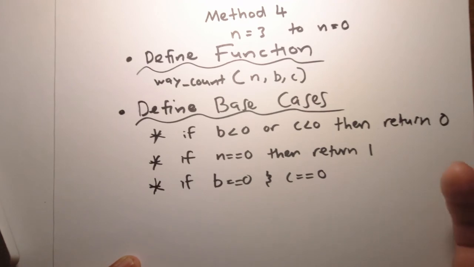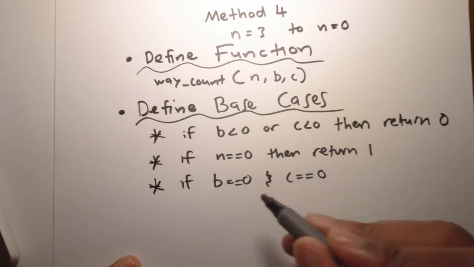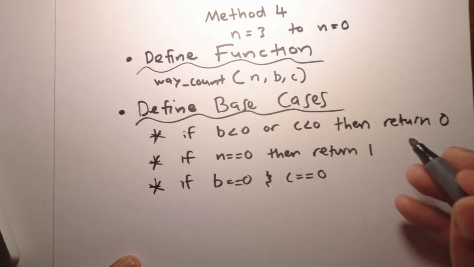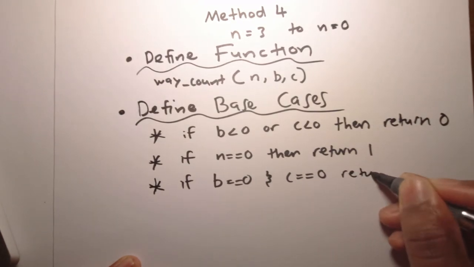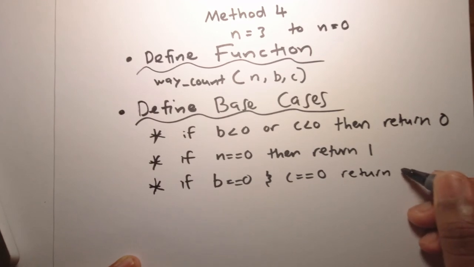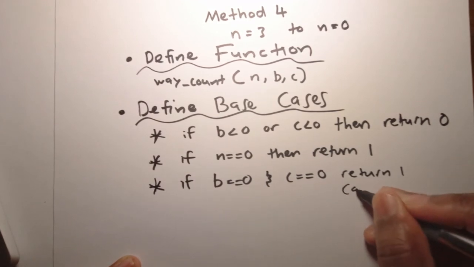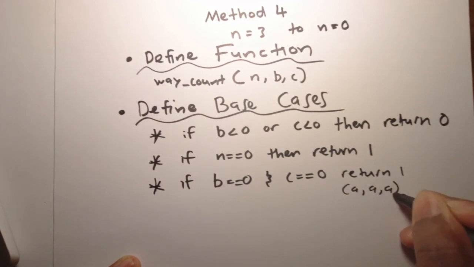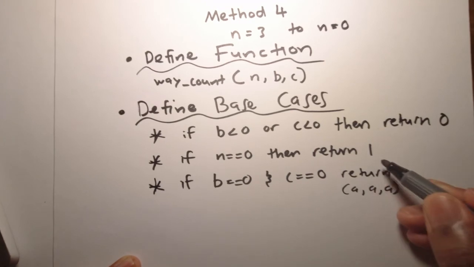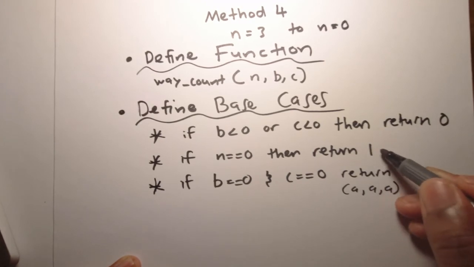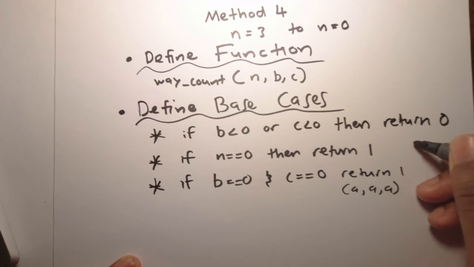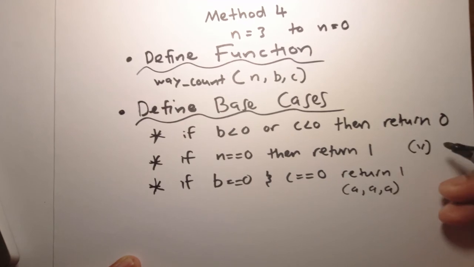So if you recall in method 2 and method 3, we have the situation in which we have nothing but a's. This occurs when we don't have any b's and we don't have any c's. And therefore, we return 1 because that signifies having the AAA as that solution, which is really similar to this particular base case above, in which we have the empty string as that particular solution.